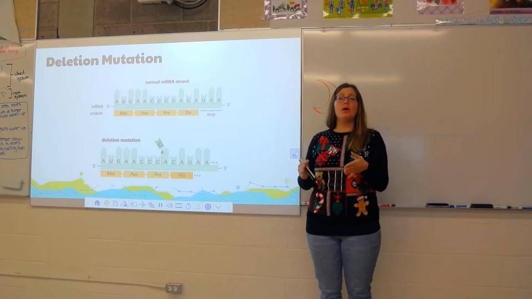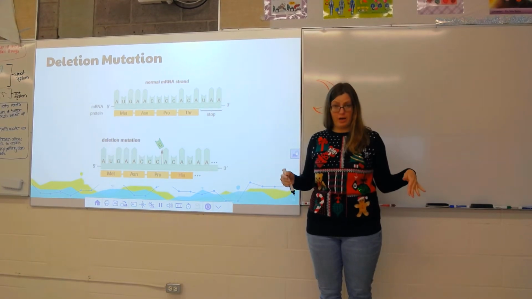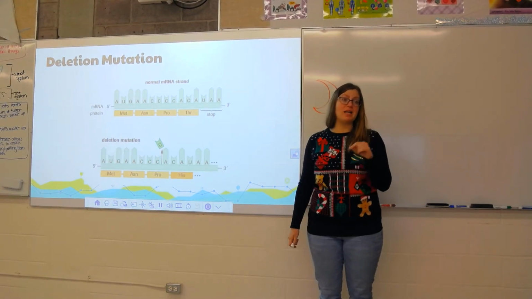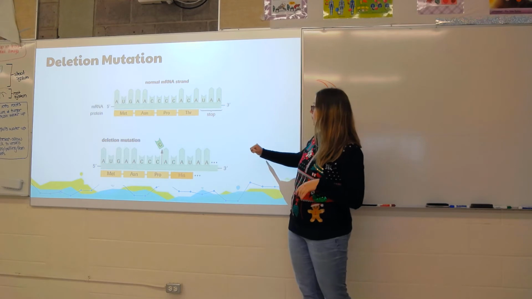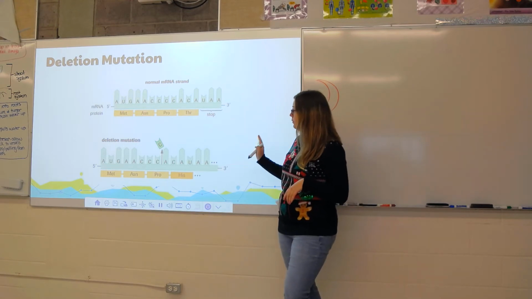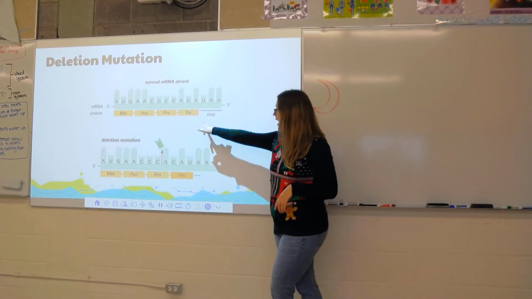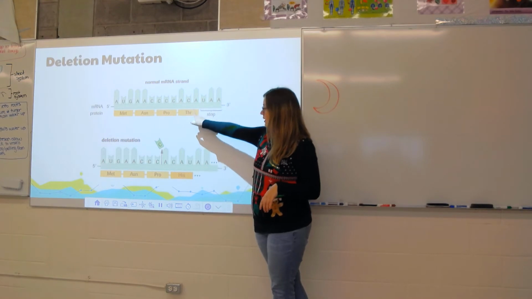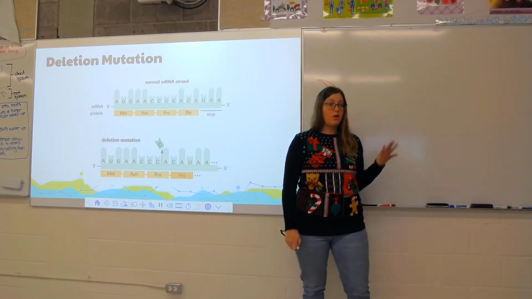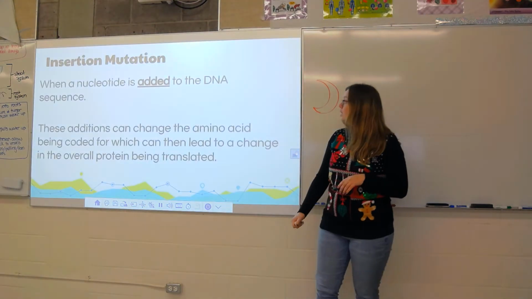So just because you have one mutation doesn't mean that's the only thing that's going on. A lot of times there's many, many other things happening as well. So in this deletion mutation here, we've taken out an amino acid, and that changes this threonine amino acid into a histidine, which again will change the overall protein.